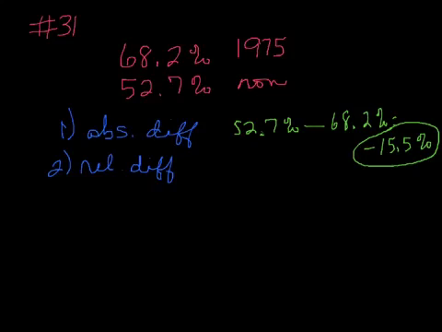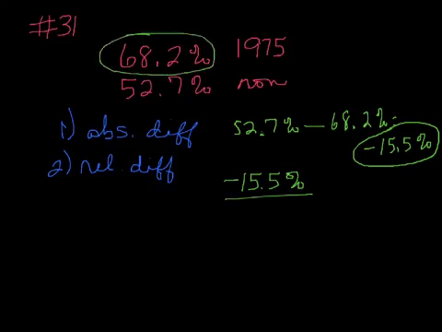The relative difference is where you want the percent of decrease. So you put the actual percentage points difference of negative 15.5, and you divide by what it originally started off as, or your reference value, which is 68.2%.